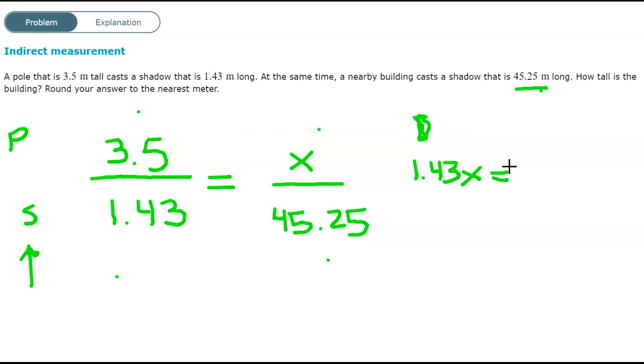So we'll do 3.5 times 45.25, and that's going to give me 158.375. And now we'll just do 158.375 divided by 1.43, and then we're going to get 110.75. So x is equal to 110.75.